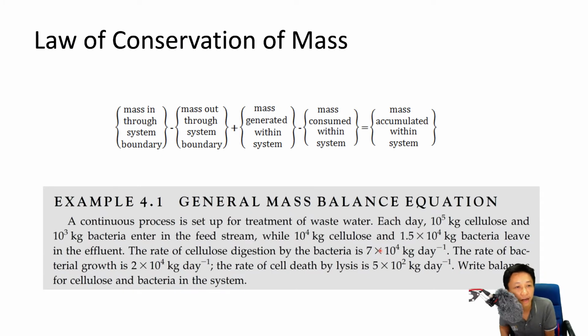Okay, the first thing that I want to talk about is conservation of mass. You need to have these 5 terms in general. Accumulation means something that builds up in your system, equal to flow into your system, which is this one: mass in, minus mass out, and plus generation, if a reaction occurs and it is generated.